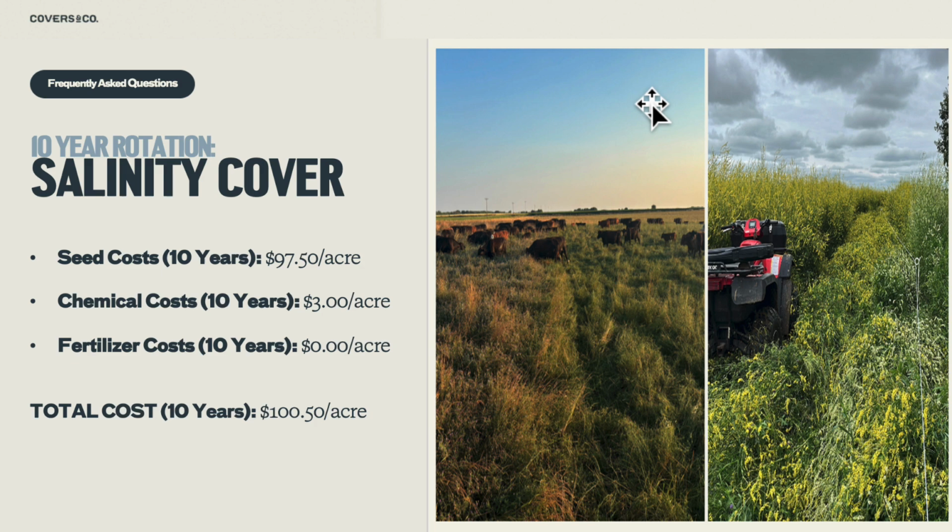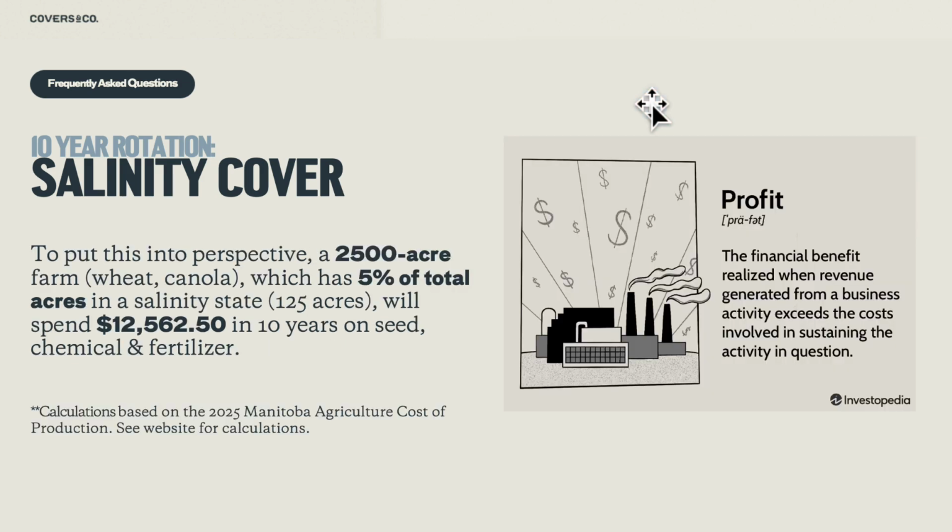So you look at a total cost per acre over 10 years of $100, which is very, very small compared to seed, chemical, and fertilizer costs on a wheat and canola rotation.